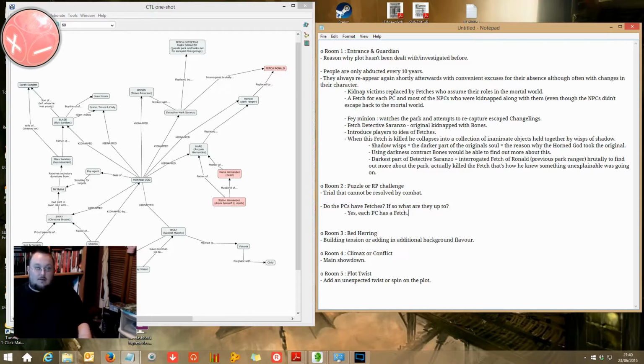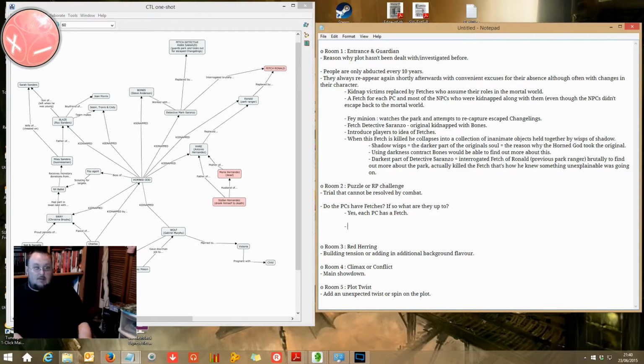PC has a fetch, and since we seem to be leading to the idea that the fetches are made of the darker impulses of the various characters, I think we should note down the fetch along with the name. Obviously that will be the original human name, since they didn't gain their fey, changing names until after being kidnapped.